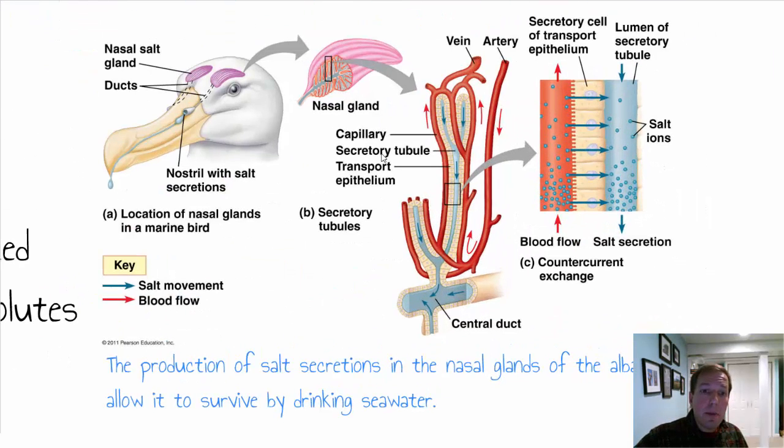In many cases, there can be much more complex types of ductwork and more complex types of species-specific parts that will allow that organism to survive in its particular environment. Being able to excrete salt isn't something that we need to do in order to maintain our osmolarity. But if you live in a place that's surrounded only with seawater, then that would be a necessary adaptation for you to have.